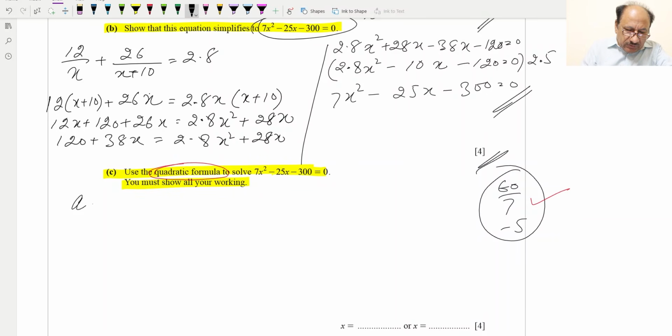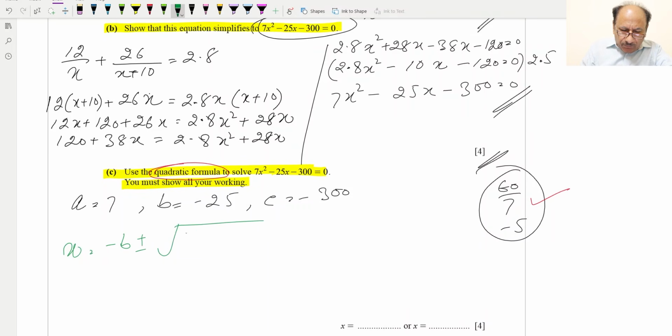The a value is equal to 7, the b value will be minus 25, and the c value will be equal to minus 300. So the quadratic formula, we know x will be equal to minus b plus minus square root of b square minus 4ac over 2a, and replace the values in this equation.